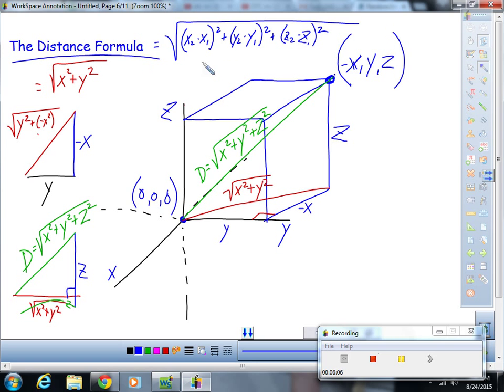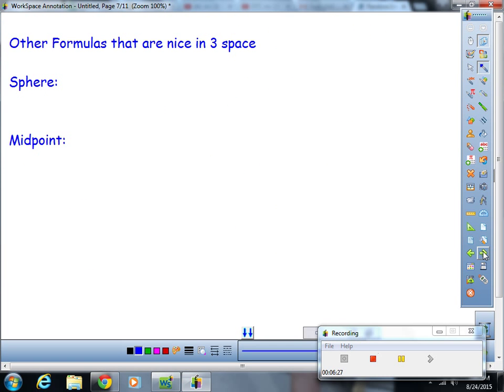How clean is that? Such a close resemblance to the two-dimensional distance formula. If everything was just so simple in 3 space. But you're going to find out, like the equation of lines, the equation of planes, it's just not that easy anymore. But the distance formula works out really, really simple, so it's pretty easy to remember.